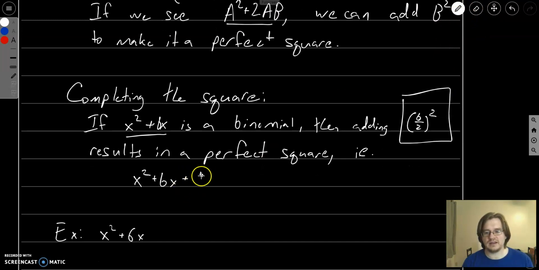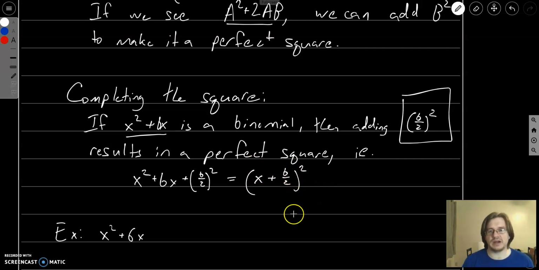If we add b over 2 quantity squared, this happens to be a perfect square, and this is going to be x plus b over 2 quantity squared. When we have a perfect square, it's really easy to deal with since it's already factored, and we can just use the square root principle to solve this.